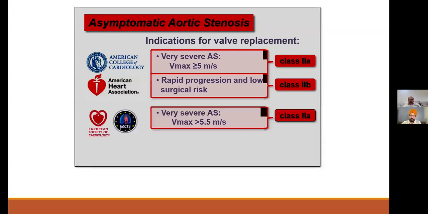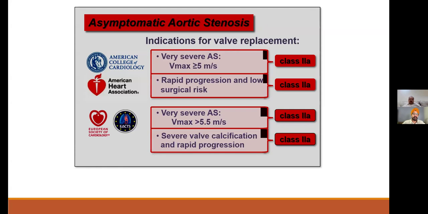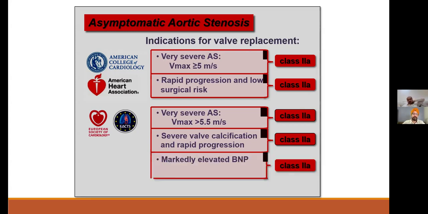When it comes to the European side, they are a little more liberal and strict. Not liberal, but strict. They want a Vmax more than 5.5, which again is a class 2A indication, which is reasonably a good indication. Not only that, they said that valve calcification and rapid progression become a class 2A indication, and valve calcification has to be calculated by CT scan.